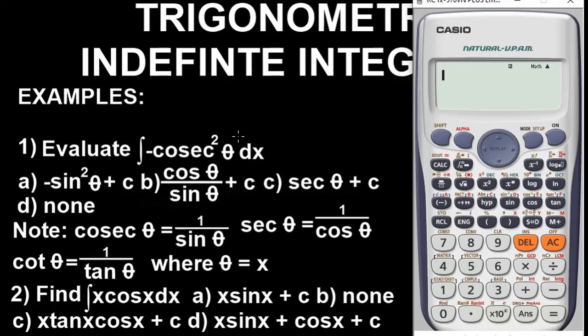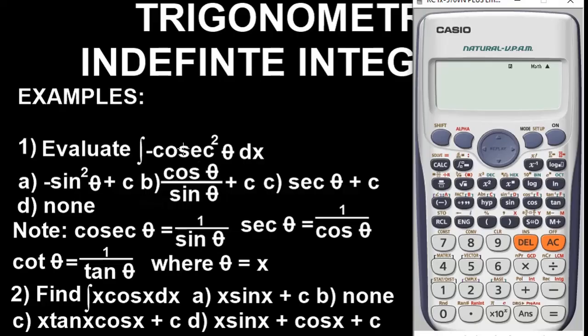So with the stored value we put in the calculator, which is 2, we use it to evaluate this question. We have cosec square theta, and there's no cosec in the calculator. If you look closely here, you see where I've written cosec is something over sine, sec is something over cos, and cot is something over tan, where theta is something as x.